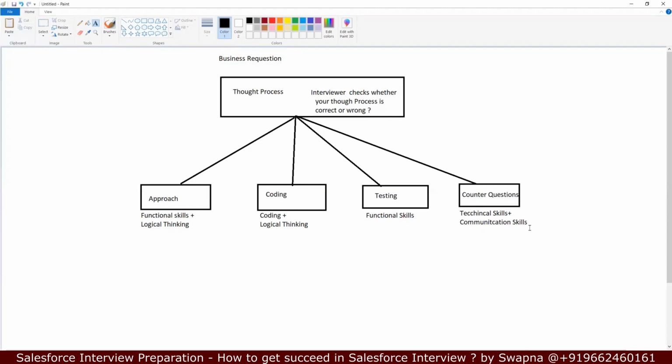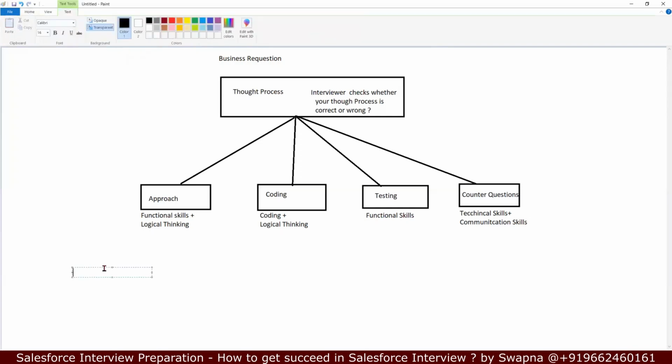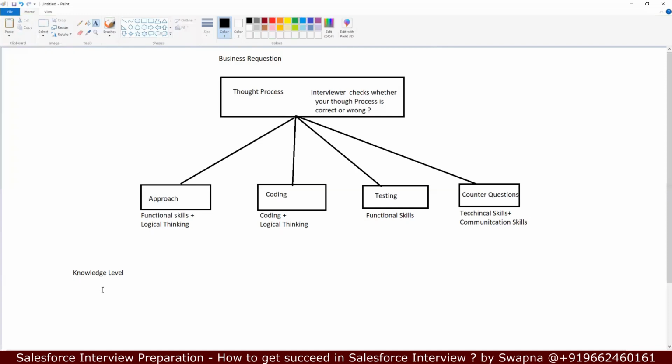The interviewer estimates the person at different knowledge levels. What are the different knowledge levels we have?